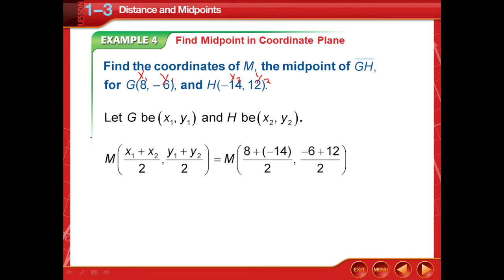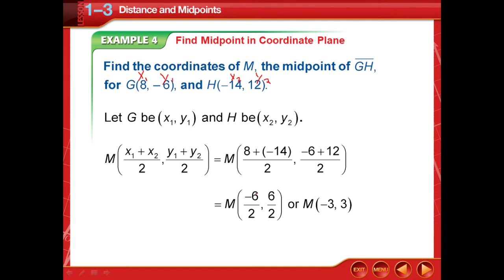Now I'm going to substitute. 8 for x1, negative 14 for x2, and I divide it by 2 because that is the formula. Negative 6 is y1, 12 is y2, and it's divided by 2 because that is the formula.